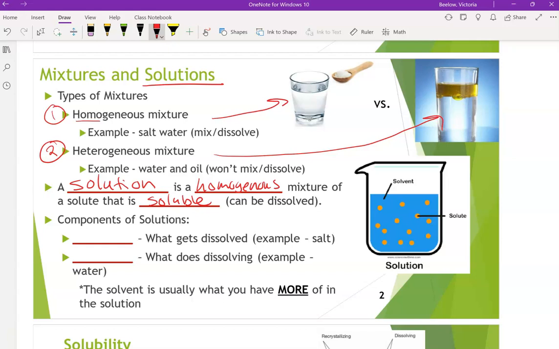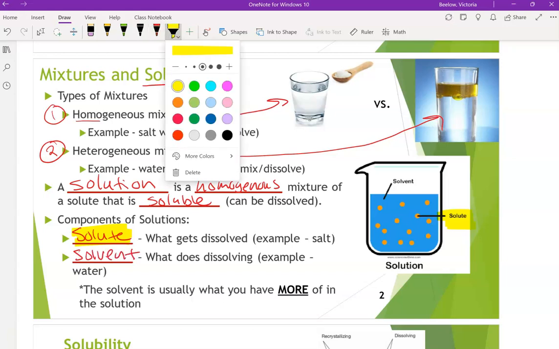There are two main components to a solution. You have your solute. I like to think of that as the stuff that gets dissolved, okay? So the particles that are in what we call the solvent.